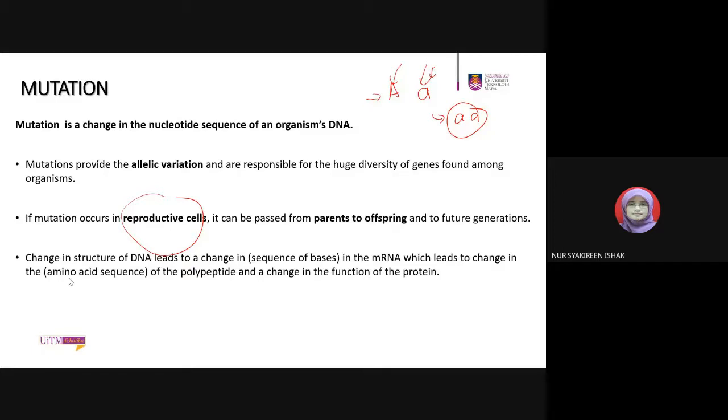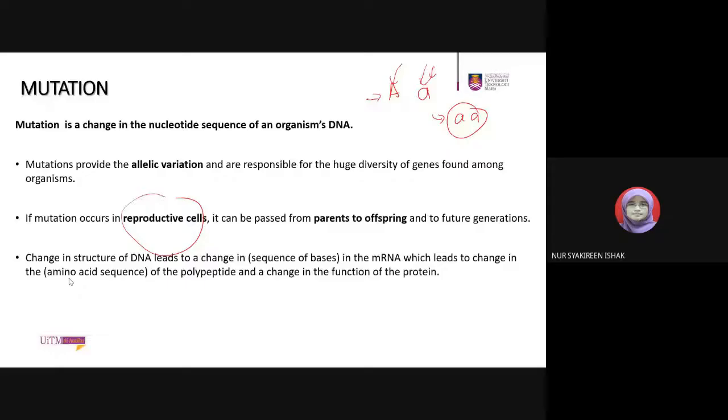Okay, so when the protein has a different sequence of amino acids, the protein that's supposed to be, for example, an enzyme, so the enzyme has a different function within the organism. It may produce a different phenotype for that organism.